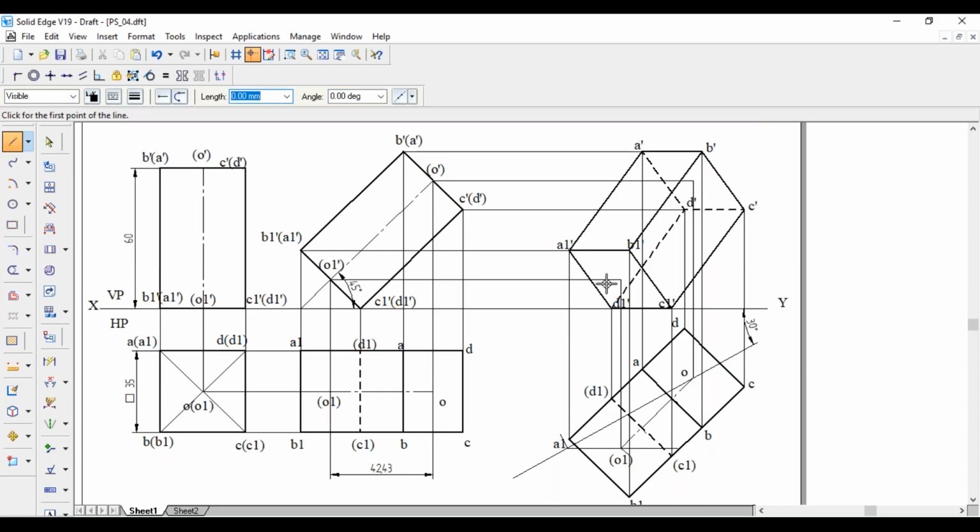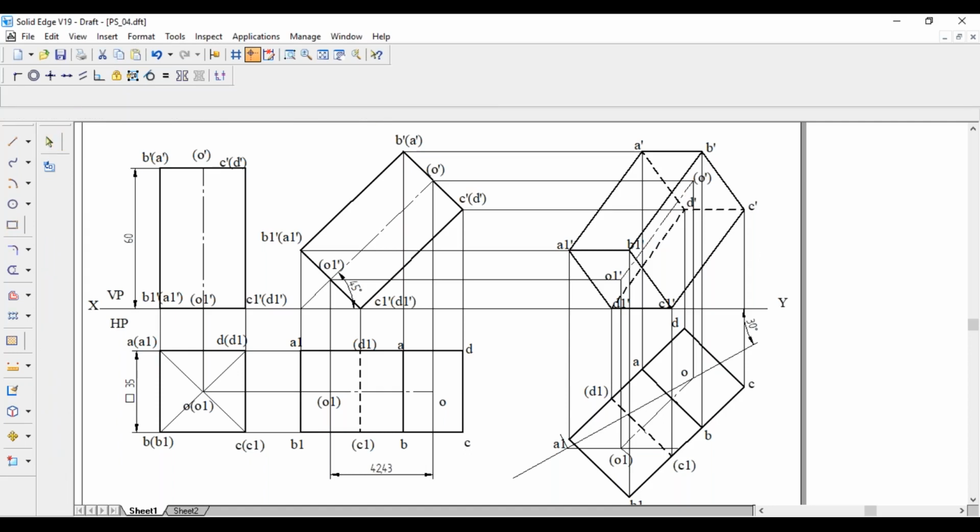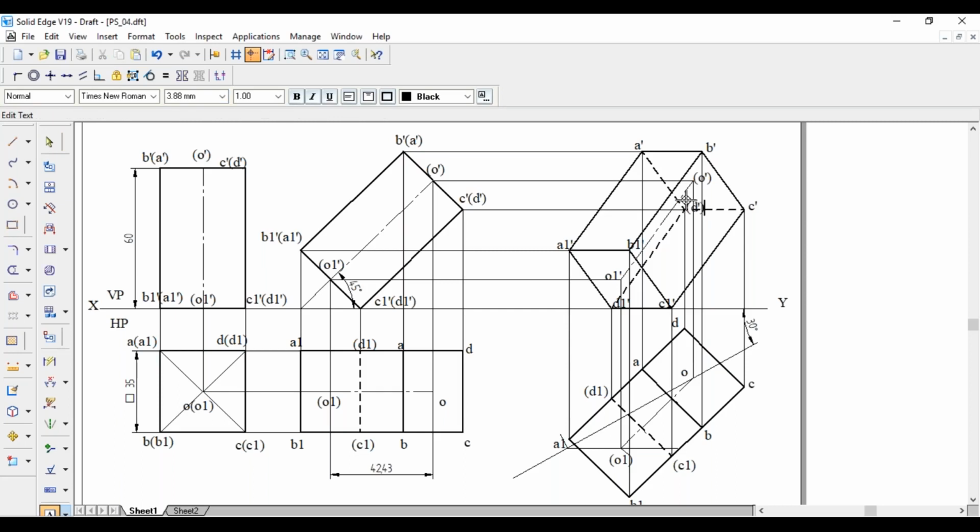Join that one. So as the bottom face is visible, O1 dash without the bracket. As the top face has some portions invisible, it is in the bracket, O dash. Whereas D dash, it is consisting of 3 dotted lines. It has to be written in the bracket. So in the bracket D dash.